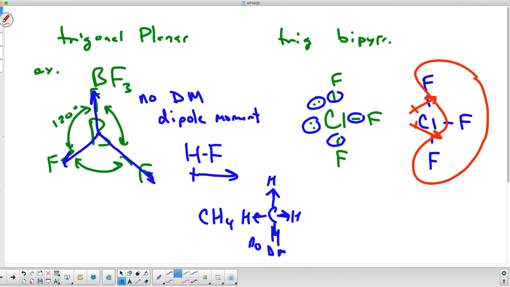That means this ClF3 looks like this and not like that one over there, because this has a dipole moment. Because these lone pairs take away the symmetry of this structure. If there's no symmetry, then you have to have a dipole moment.